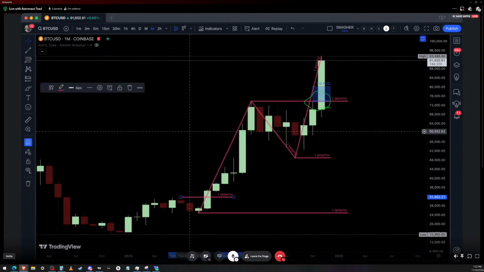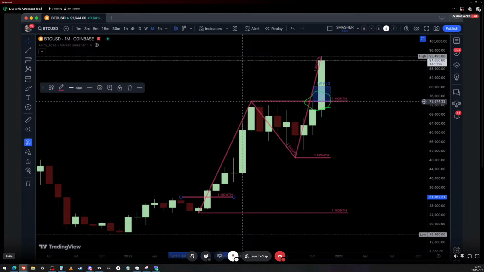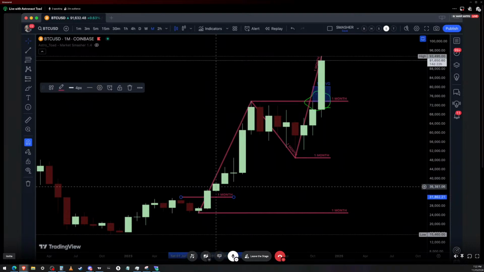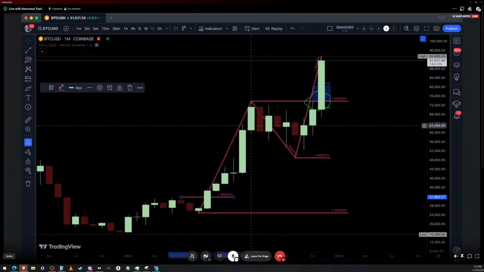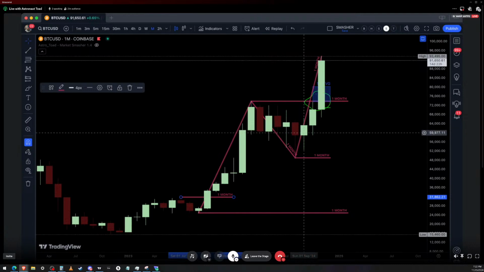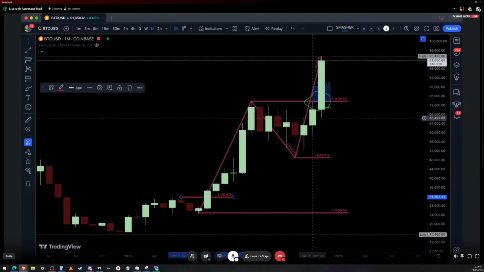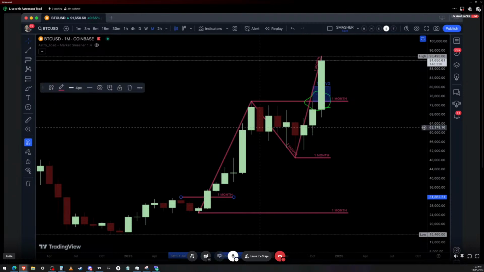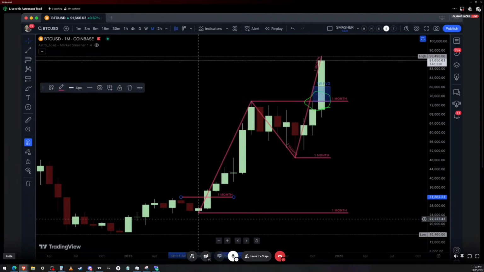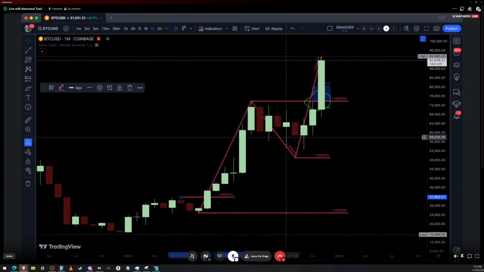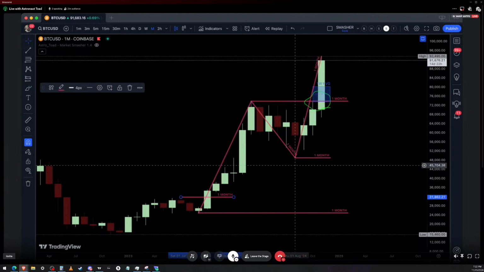It just absolutely ripped through this level and went straight up for 1, 2, 3, 4, 5, 6 months before you had a red candle. Then it went 1, 2, 3, 4, 5, 6, 7 before it broke out of that range. So you've got these periods of 5, 6, 7 candles where it's pumping and then it's pulling back.